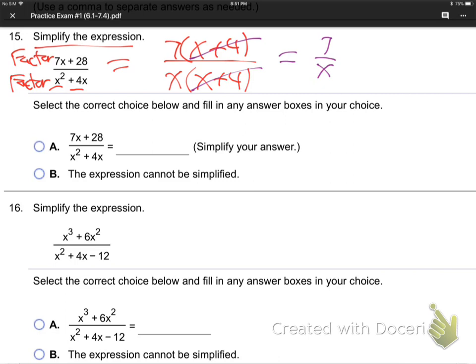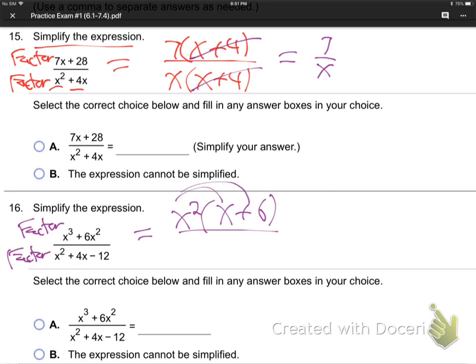Number 16 is going to be pretty much the same. Factor the top, factor the bottom. So the top, GCF, it's going to be x squared. Leaves x plus 6, because if you multiplied, it would go back. And then on the bottom, there's no GCF. They don't all have an x, but it's 3 terms, diamond.